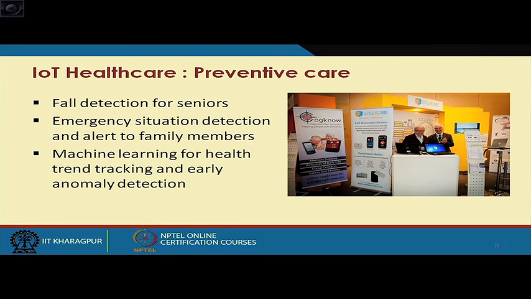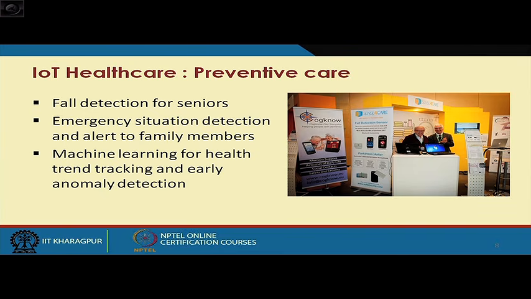And the next advantage is preventive care. In preventive care, you have some of these target group of patients fitted with different physiological sensors, for instance senior citizens who do not have any caregiver at home. One of the common problems with senior people is that they often fall down, right. So fall detection is an important problem, and it is part of preventive health care.